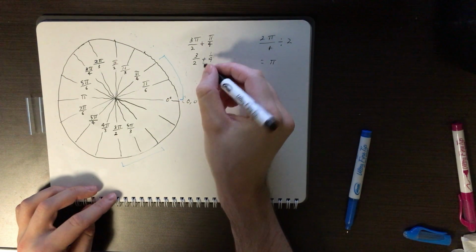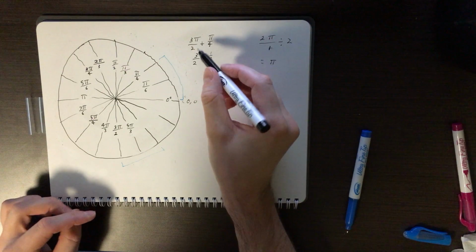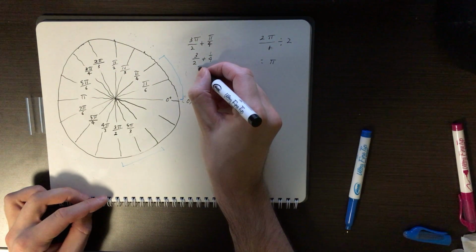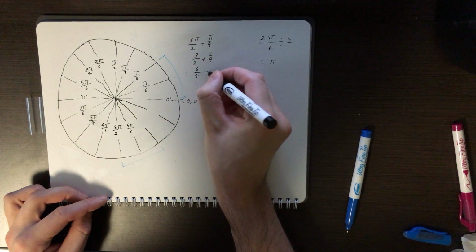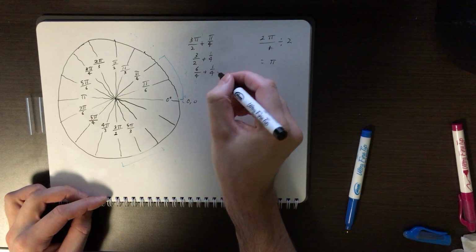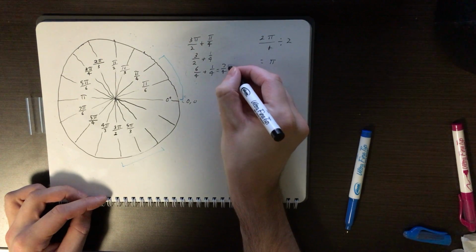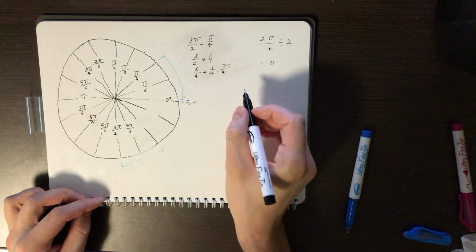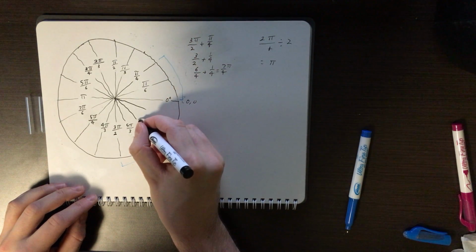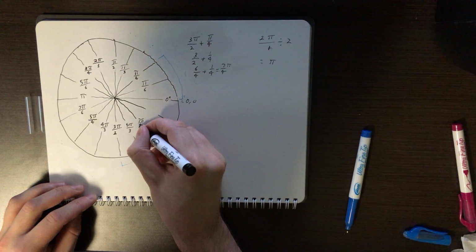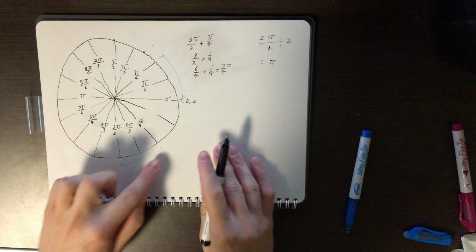Finding the lowest common denominator, we multiply the numerator and denominator of the left fraction by 2. So we get 6 over 4 plus 1 over 4. And that just equals 7/4. And we throw a pi on there. And so 7 pi fourths.